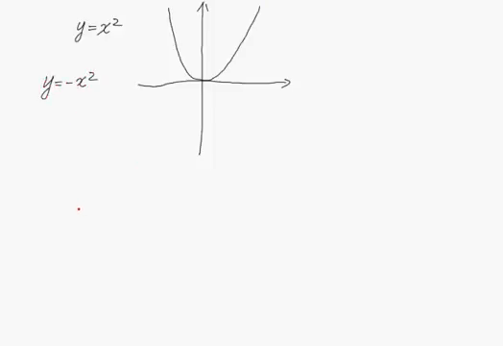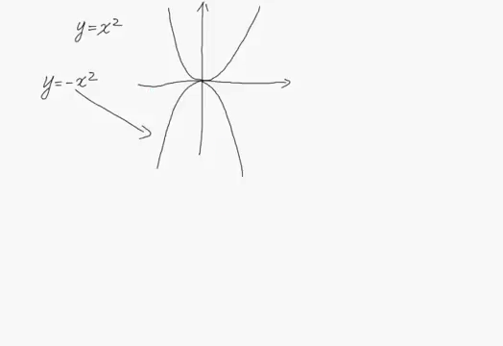This is also a function of a parabola. And then we can get the graph of this one by reflecting the graph of this function in the x-axis. In this way, we get this graph. So if you change the sign of the whole function, then the corresponding graph is just the reflection of the graph of the original function in the x-axis.